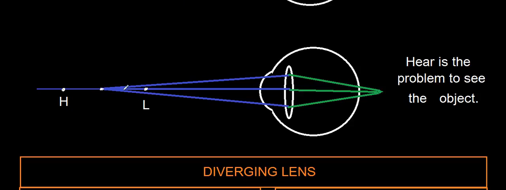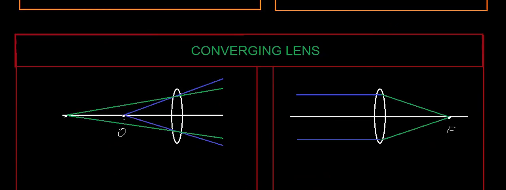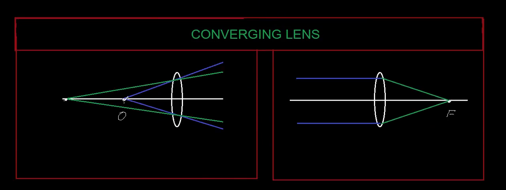For this diseased eye, we need to get the image away from the lens at point H. Then we should go for a convex lens. Here the object, and we need the image at this point away from the lens, so we should go for a convex lens.